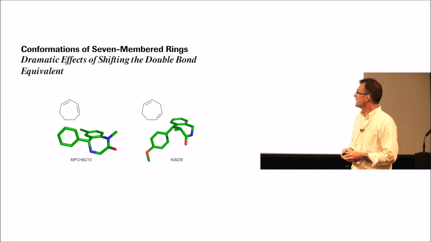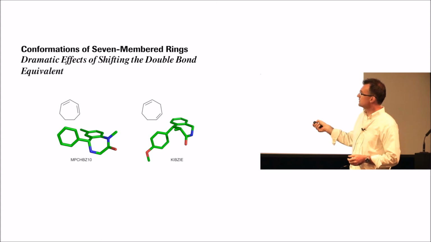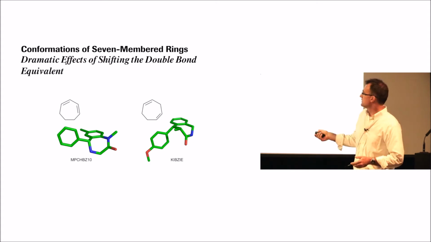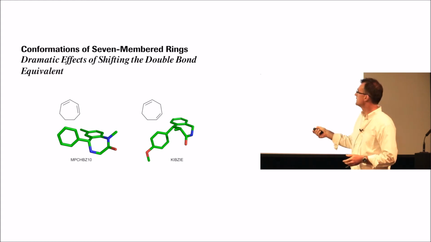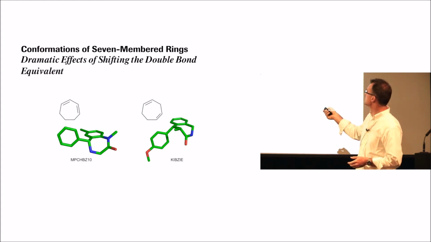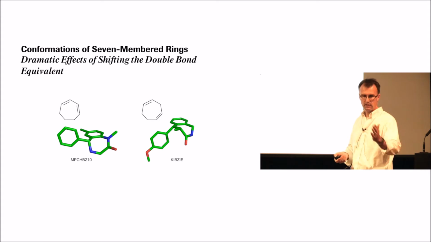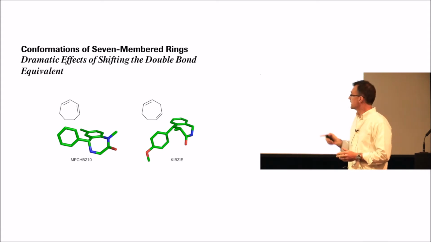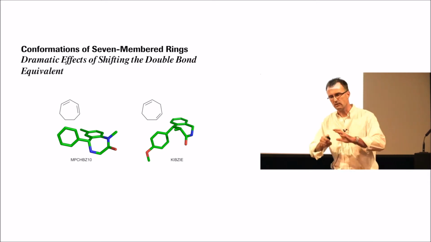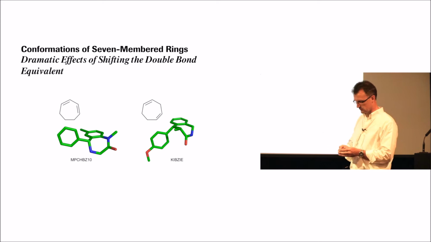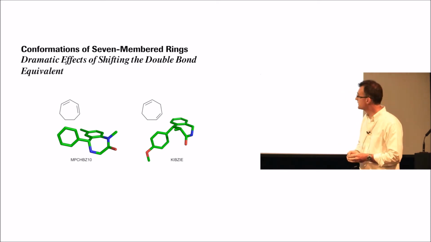And then there are drastic effects because, depending on the nature of the seven-membered ring system, the shapes of such structures are dramatically different. And depending on how these double bond equivalents are distributed over the ring system, you can get very different effects. Again, these are just simple examples, but this speaks to increasing the repertoire of things we have in our minds a little bit.